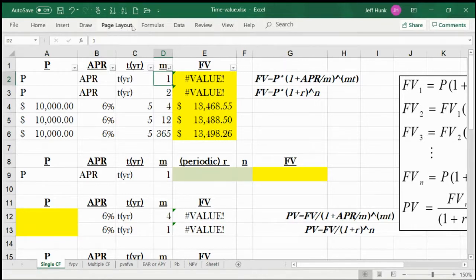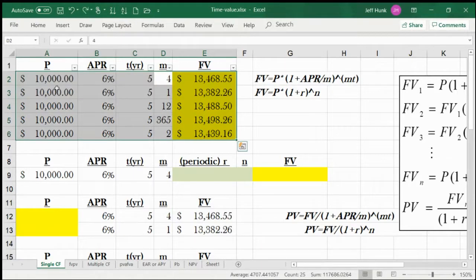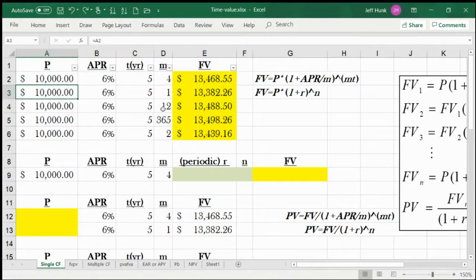The reason this is happening is because if I sort it, then because of these equal signs... so let's see if I do it like this.